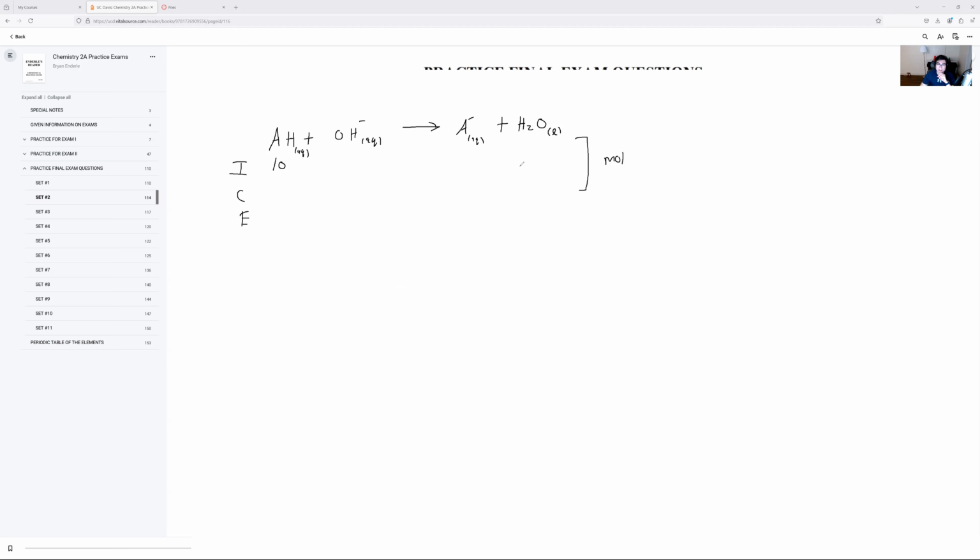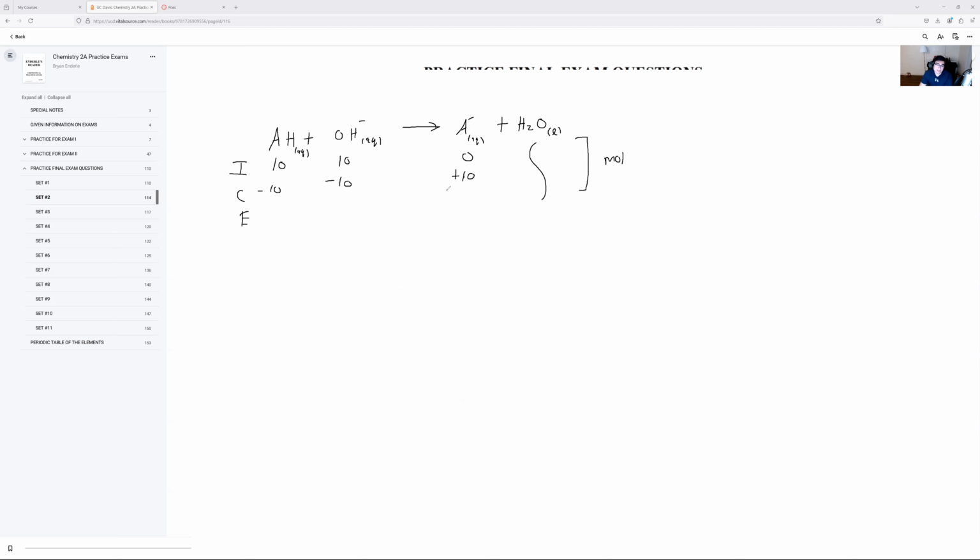If you have 10 moles of the weak acid and 10 moles of the hydroxide, assuming you start with none of these, then you just do the full reaction: minus 10, plus 10.